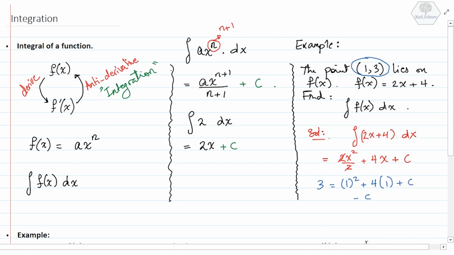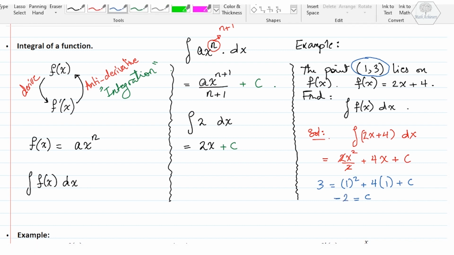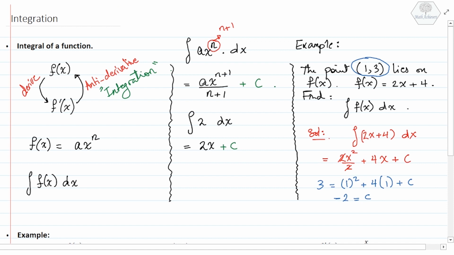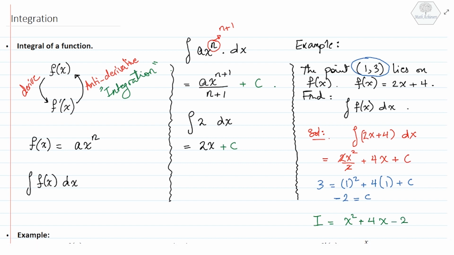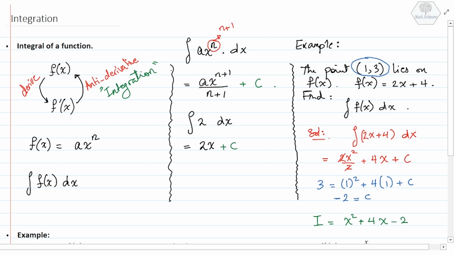So I will have c to be equal to, I have 5 on the right hand side, take it to the left hand side, it becomes -2. So my integral now would be equal to x squared plus 4x minus 2, which is the constant.